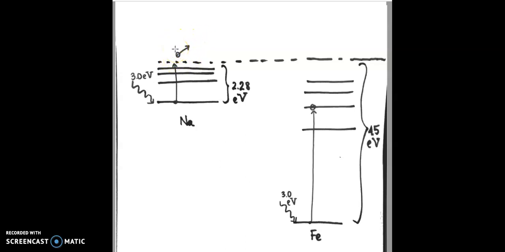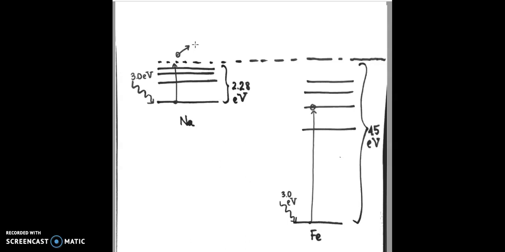And if you're a math person, can you figure out how much in your head? How much kinetic energy does this one electron have here? Well, if 3 electron volts came in and it took 2.28 to escape, this one must have 0.72 electron volts of kinetic energy left over.